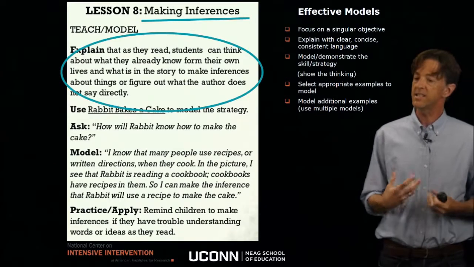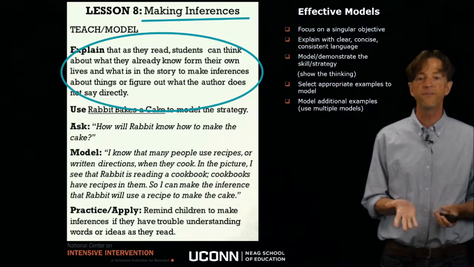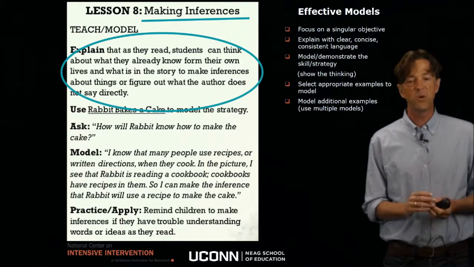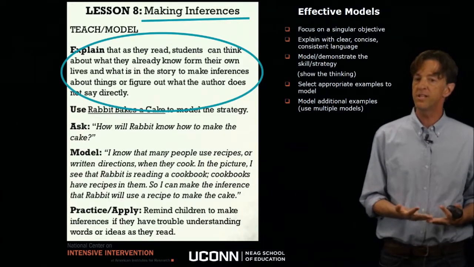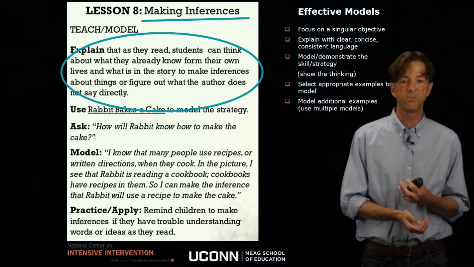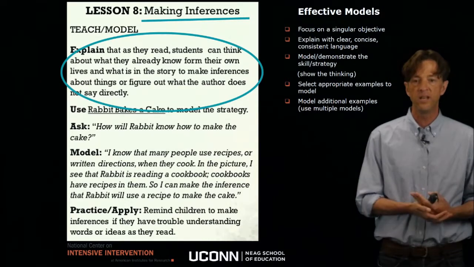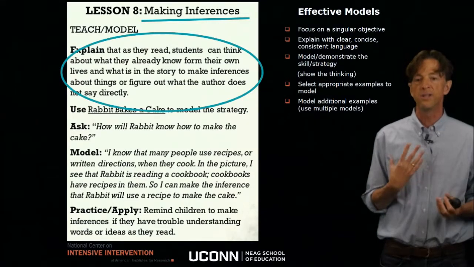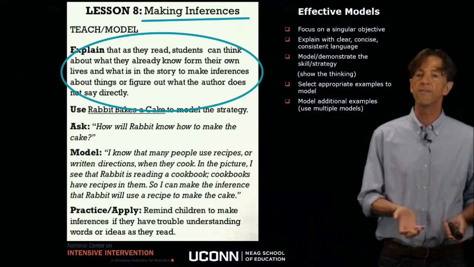In a sense, that's a pretty good explanation of what an inference is. But we might say that this is more adult language for understanding what an inference is and maybe not targeted towards students as much. And it's hard to know how they're going to use this language consistently over time to talk about what you do when you make an inference.